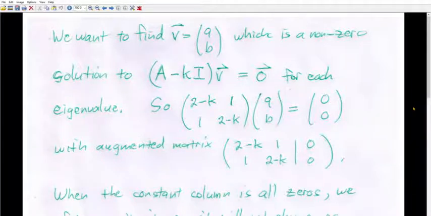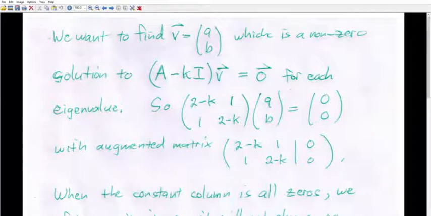for each eigenvalue. So the system we want to look at is 2 minus k, 1, 1, 2 minus k, times AB equals 0, 0. And the augmented matrix is going to look like 2 minus k, 1, 1, 2 minus k for the coefficients, and 0, 0 in the column.